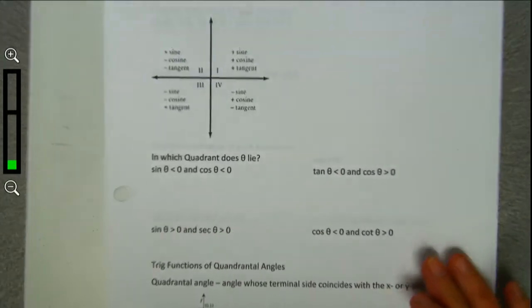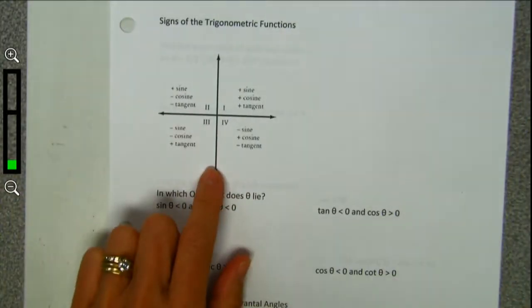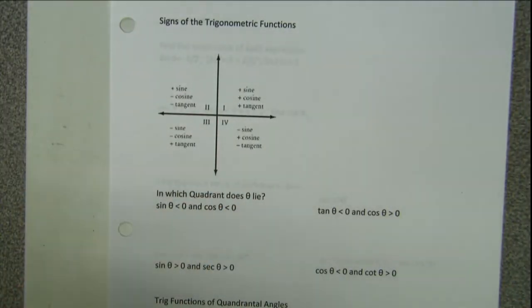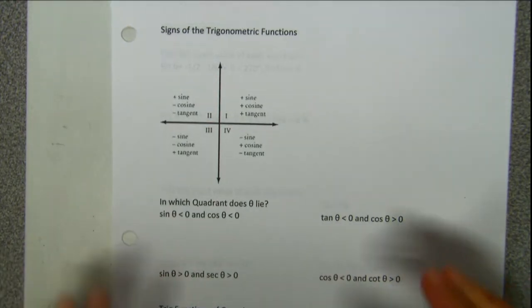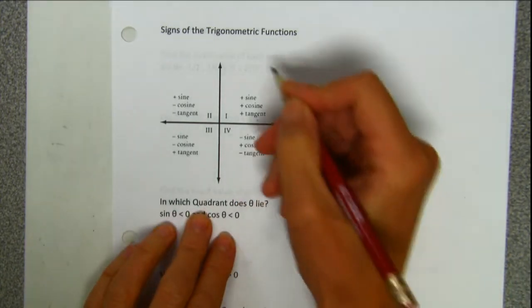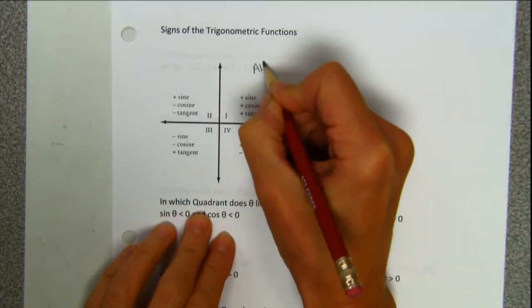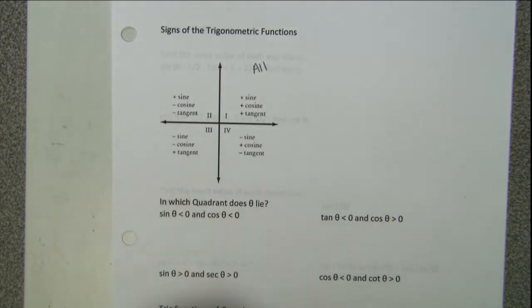This picture right here is for memorizers. I'm not a memorizer. I want things to make sense because then I don't have to memorize. But I'm going to show you how to memorize if you need to. If you are in quadrant 1, all of your trig functions are positive. Doesn't that make sense? Isn't that what we've been doing? We've been doing all these 30, 60, 90s, and all of them have been positive.